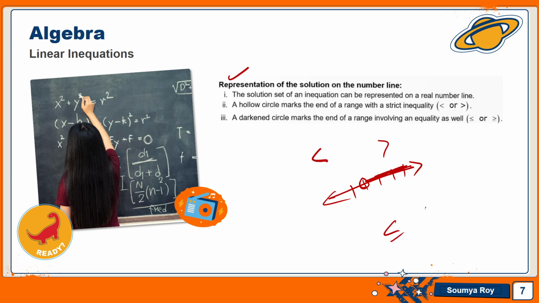And whenever there is less than equal to or greater than equal to, remember that you need to give a dark circle. So with these things and your lesson, you are ready to go.